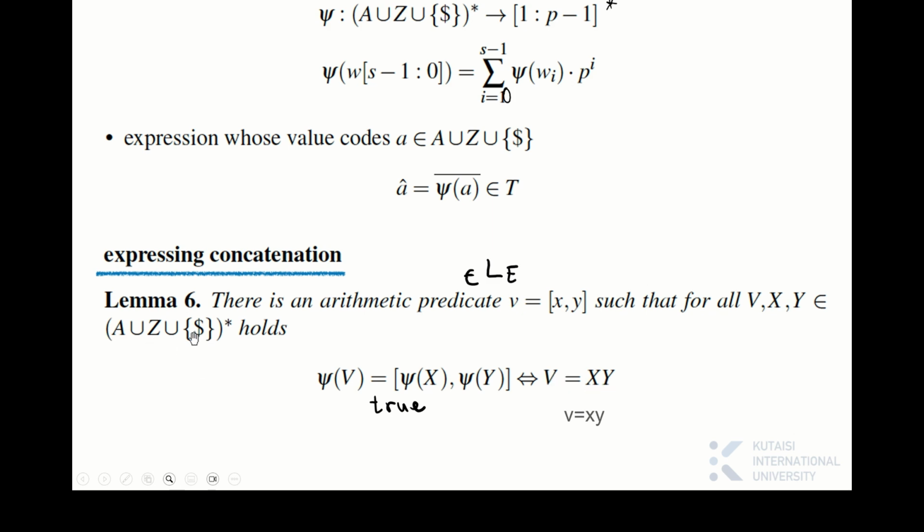These are all strings. They're supposed to represent some configurations. So v is a concatenation of string x and y if and only if v can be translated to a natural number, x can be translated to a natural number in base power p, and y can be translated into a natural number. So there exists a statement, which I denote by the square bracket, that is true if and only if v is a concatenation of x and y.